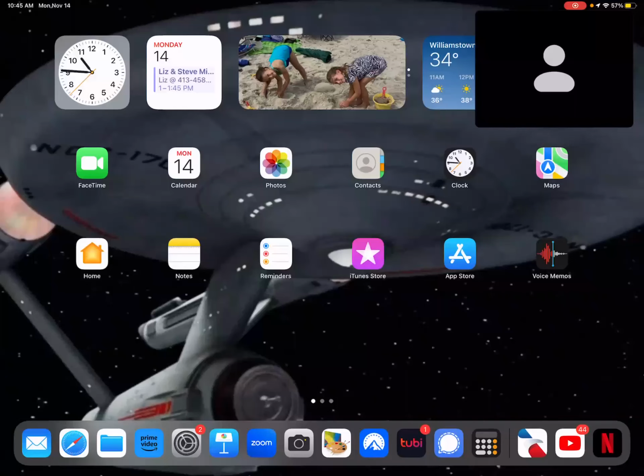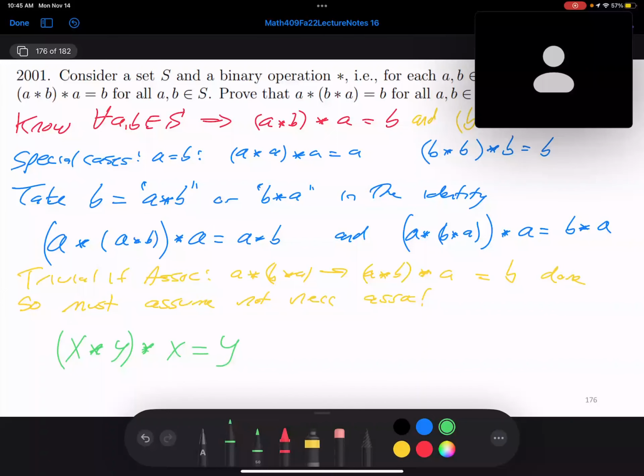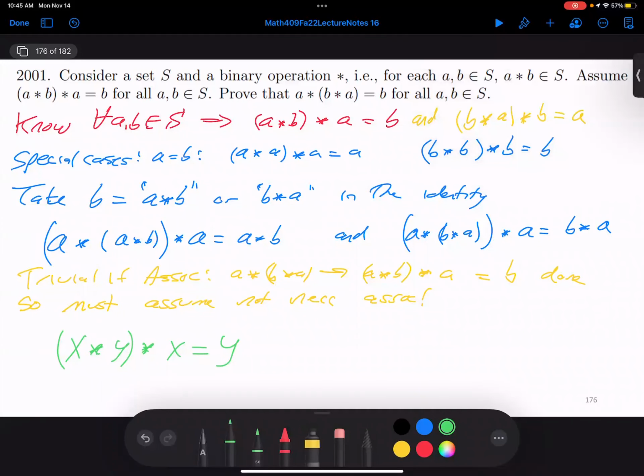So we've got to figure out what we want to try for X and Y. X equals BA and Y equals B. So what do you want to try? Try X equals BA, and Y equals B.